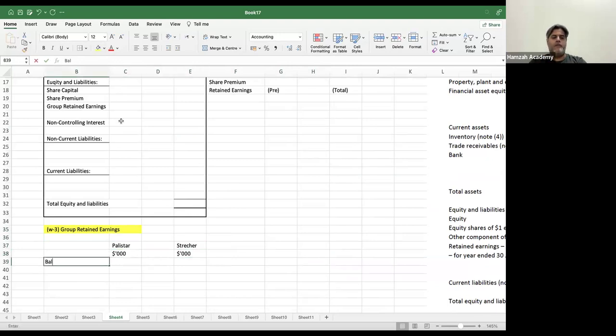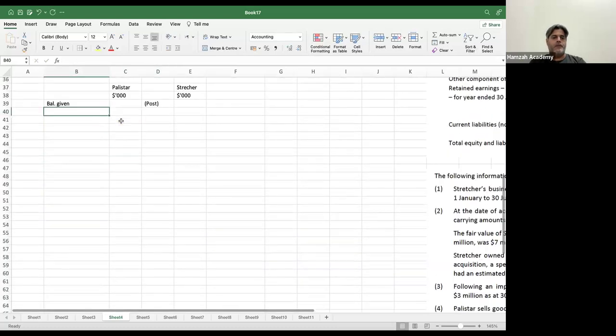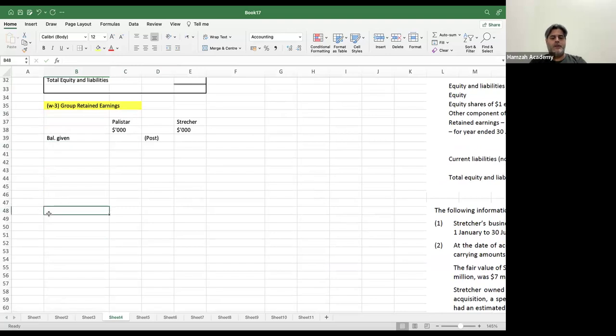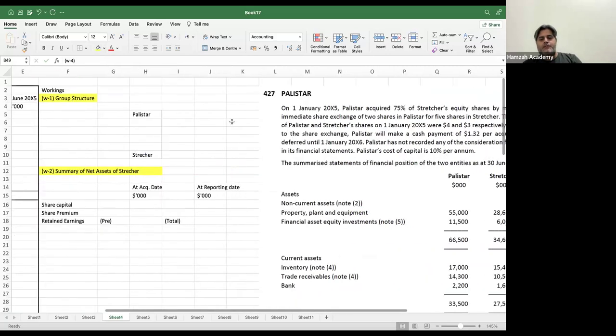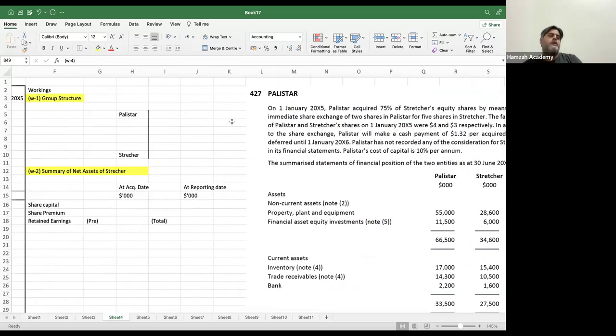We have the balance given over here and then the post-acquisition over here as well. Then we're going to have working four over here, right? And I'll highlight this point as well. So these are the basic workings that you have to create in every question, instead of jumping in and solving it. Now we'll start this question.